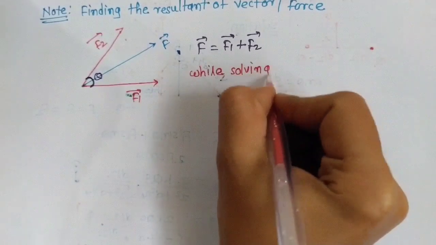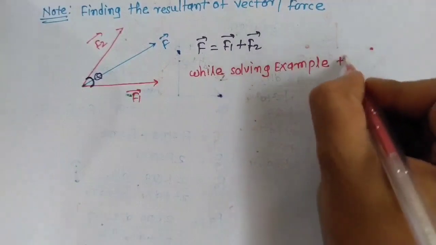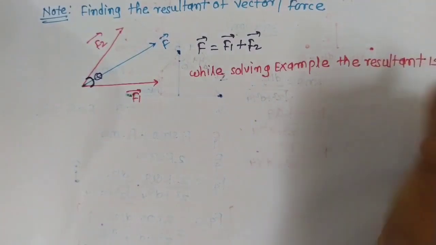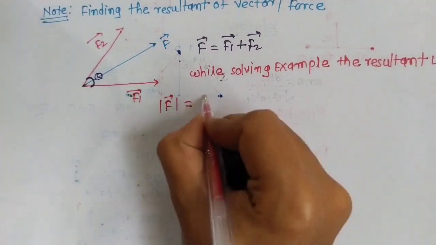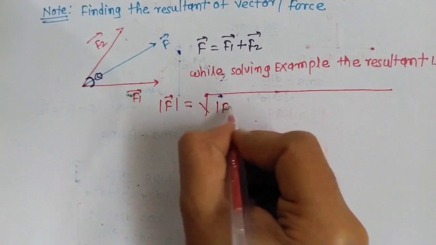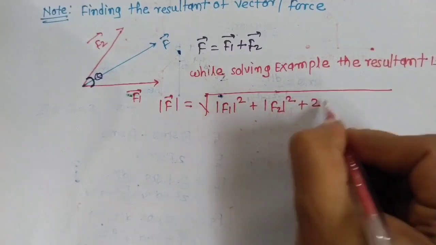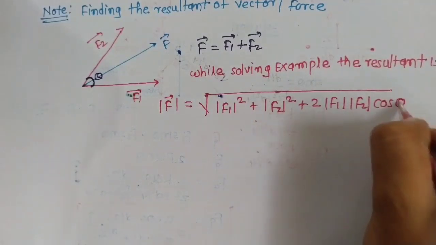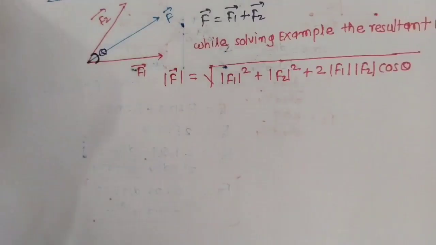While solving examples, the resultant F bar is equal to under root mod F1 square plus mod F2 square plus twice mod F1 into mod F2 cos theta. This is the formula for finding the resultant vector of two vectors.